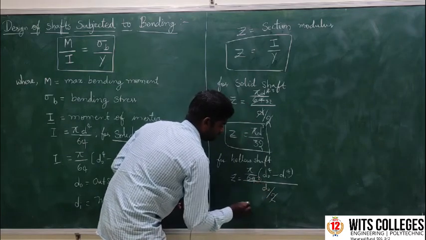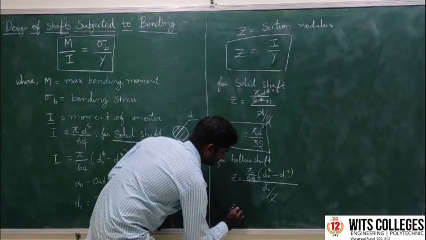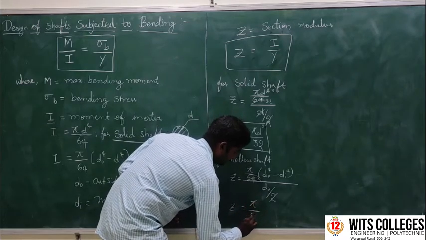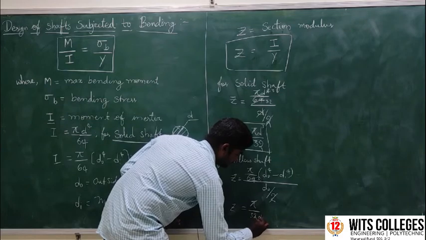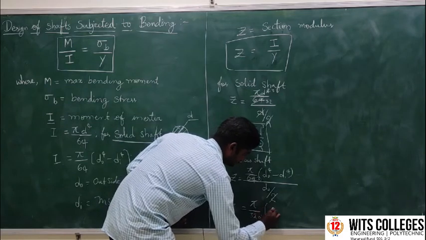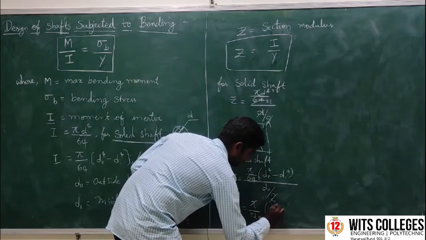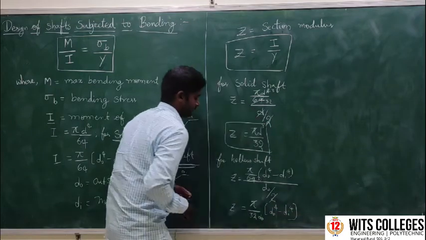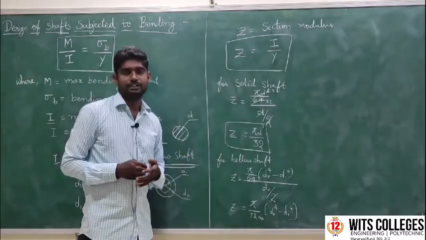So Z is equal to pi by 32 d naught into d naught power of 4 minus di power of 4. This is for a hollow shaft.